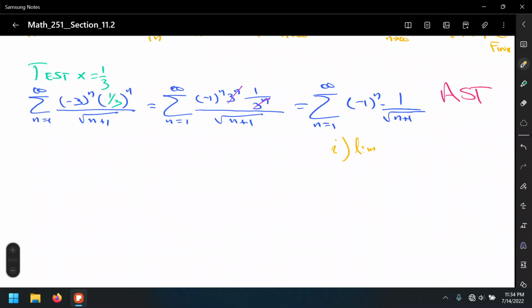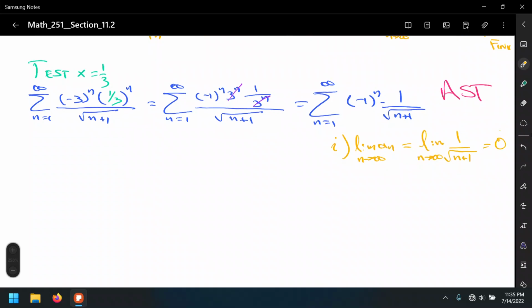The first is that the limit of a sub n equals 0 as n approaches infinity. Is that true? 1 over the square root of n plus 1. Yes, indeed, as n goes to infinity, for large values the denominator gets really big. 1 over big equals 0. So the first condition is satisfied.